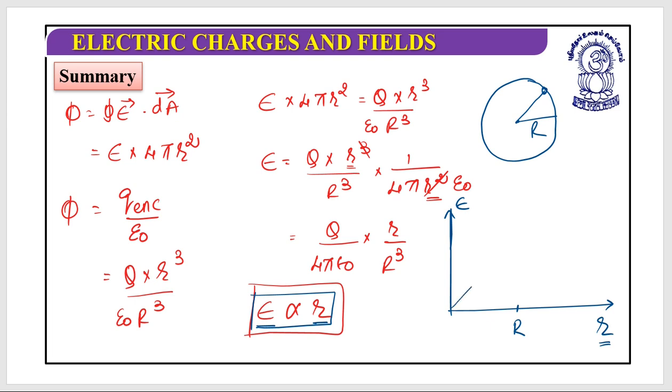So it should look like this: E directly proportional to r, and this will continue until the distance is radius R.